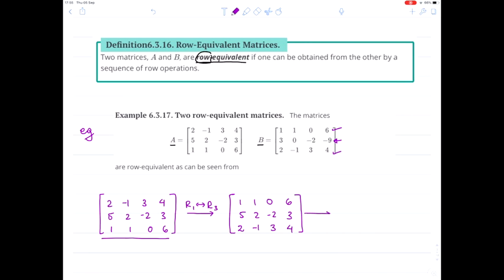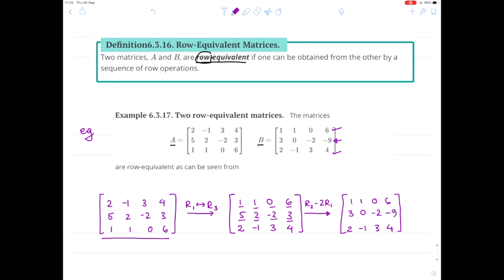So if we say row 2 minus twice row 1, then we get, so we're not changing row 1, we're not changing row 3, but we're saying 5 minus 2, which is 3, 2 minus 2, which is 0, minus 2 minus 0, which is minus 2, and 3 minus 12, which is minus 9.